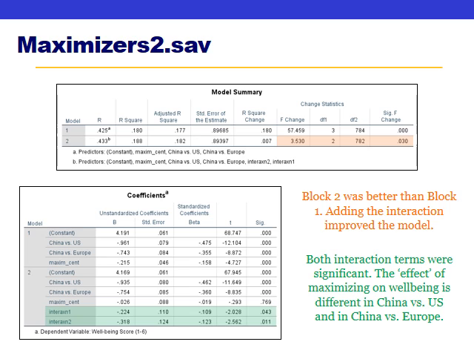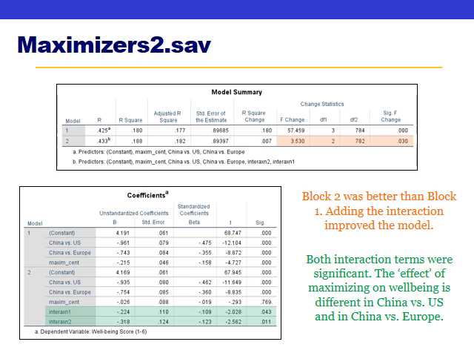Okay? So remember that interaction 1 is the interaction between maximizing score and dummy variable 1. And dummy variable 1 compared China against the US. So the fact that interaction 1 is significant is telling us that the relationship between maximization and well-being is different in China than it is in the United States.